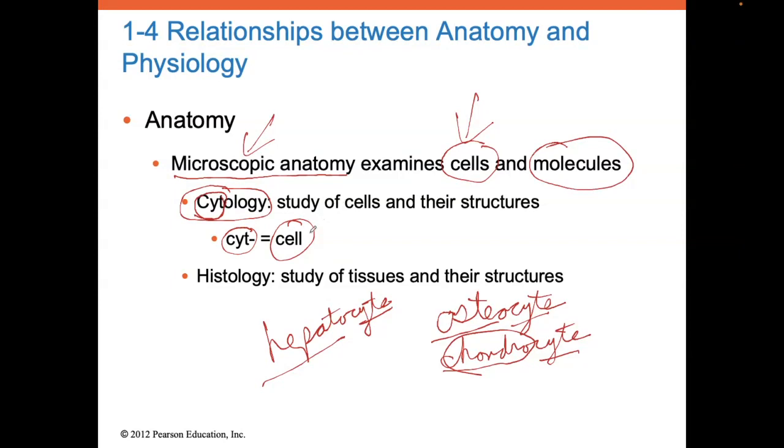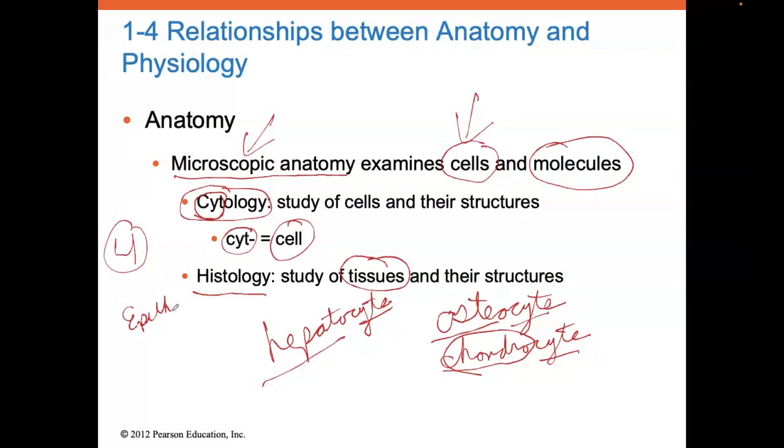Now, when cells come together and they join, they can link up and they're going to make tissues. When we study tissues, we're going to refer to that as histology. Now, in another week, I will be talking about tissues, and there are 4 types of tissues.